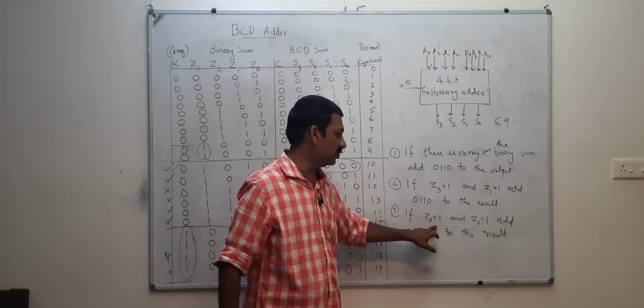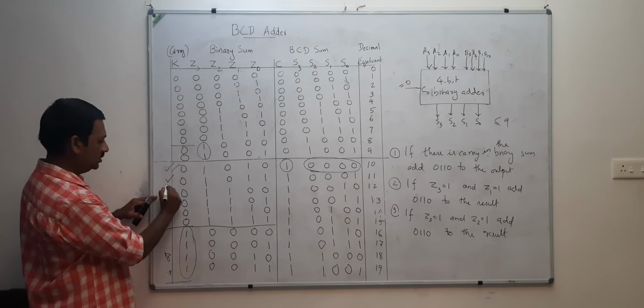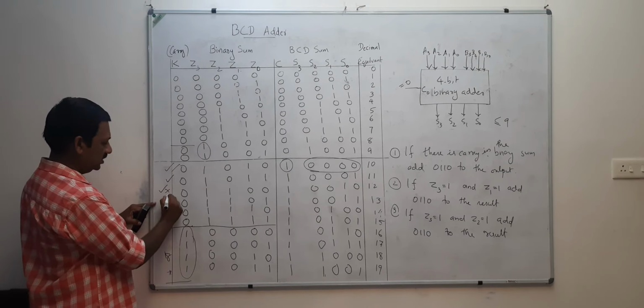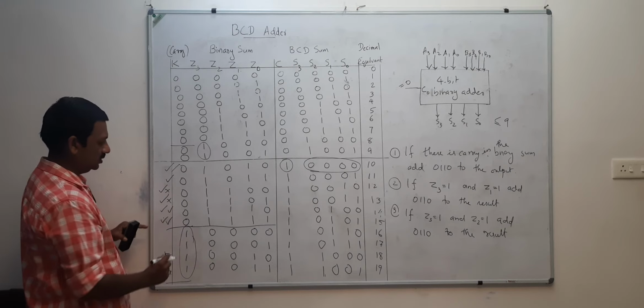If Z3 is equal to 1 and Z2 is equal to 1, this is considered again for these two also, same.